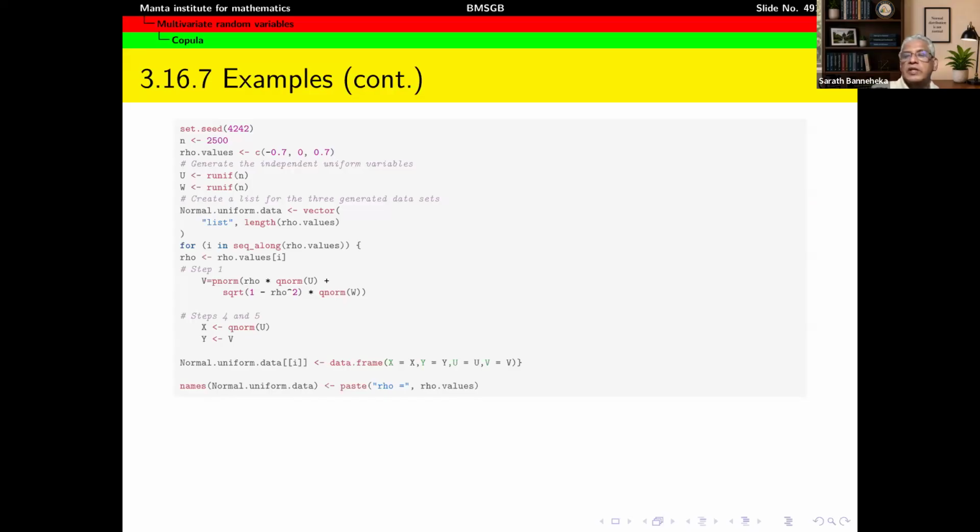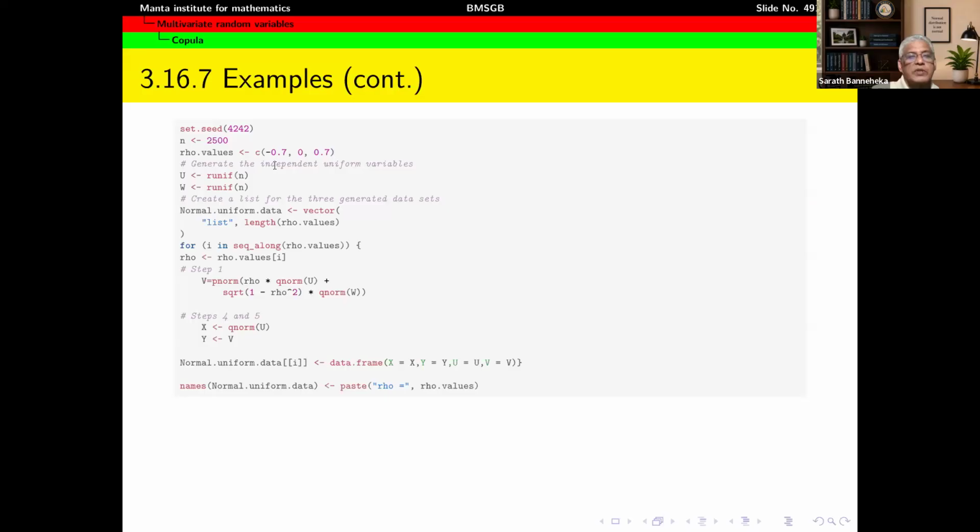And what I have done is I have drawn the scatter plot of Y versus X. And I have also drawn the histograms of X and Y, for all three cases.